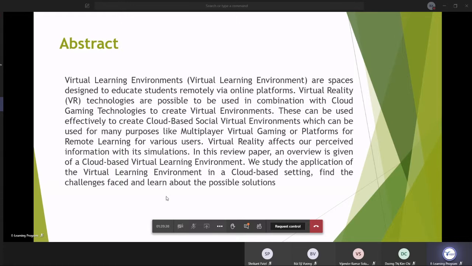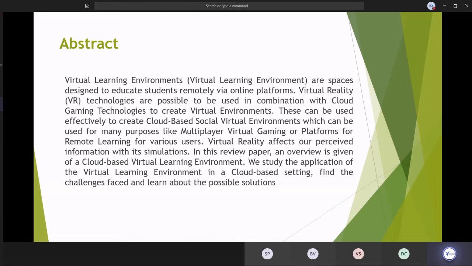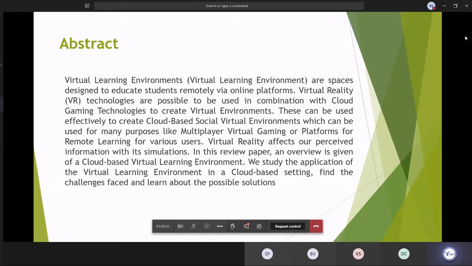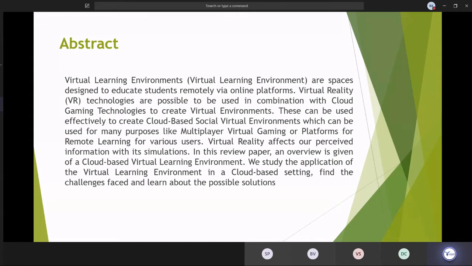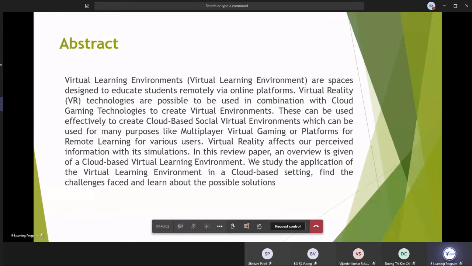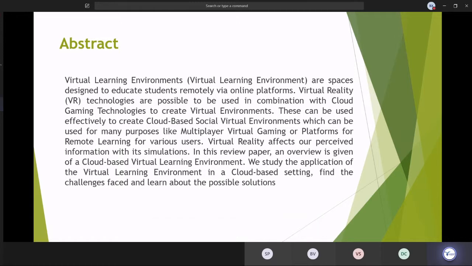These can be used very effectively to create cloud-based social virtual environments, which can then be used for purposes such as multiplayer virtual gaming or platforms for remote learning. Virtual reality affects our perceived information with its various simulations, which are primarily gained through the senses of sight and sound.